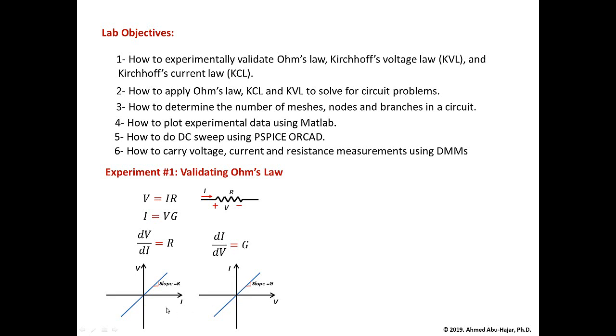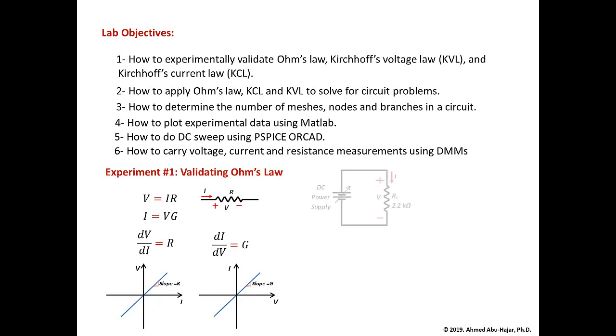It's a little bit different than what's the voltage going to be as a function of the current. The straight line here is basically the resistance. The curve here is the conductance. But it's the same concept. Again, if you have a positive voltage here, you get positive current. And if you have a negative voltage, you get a negative current.